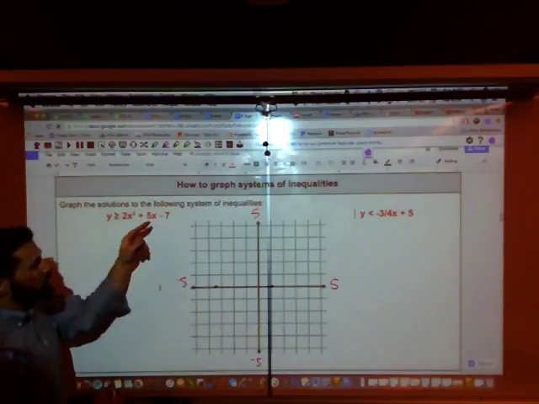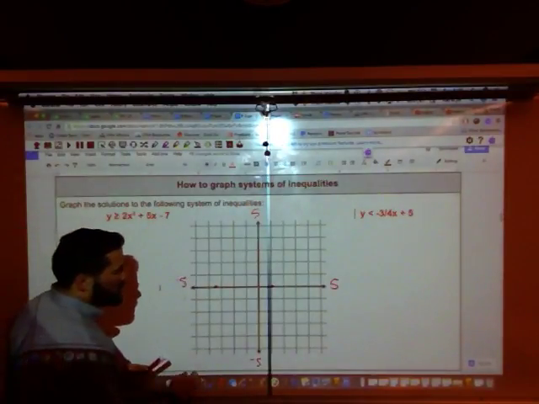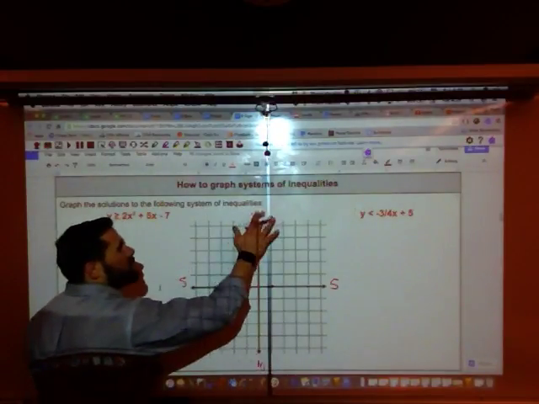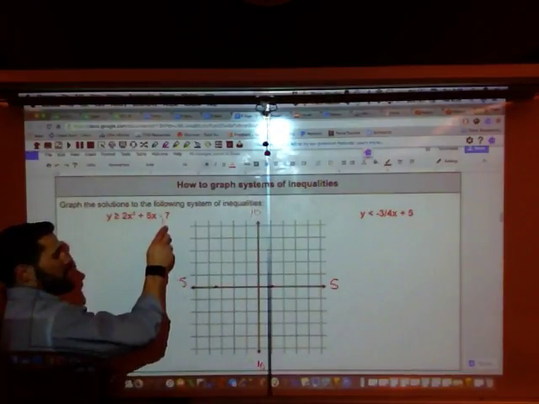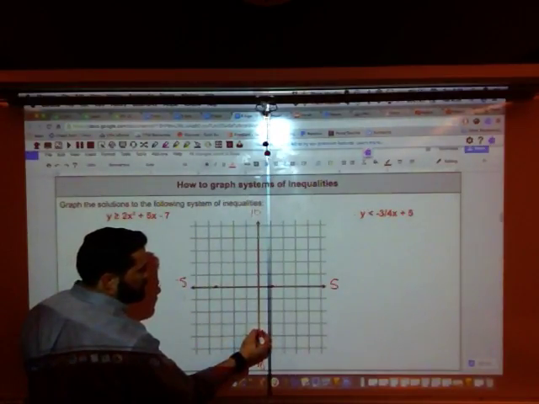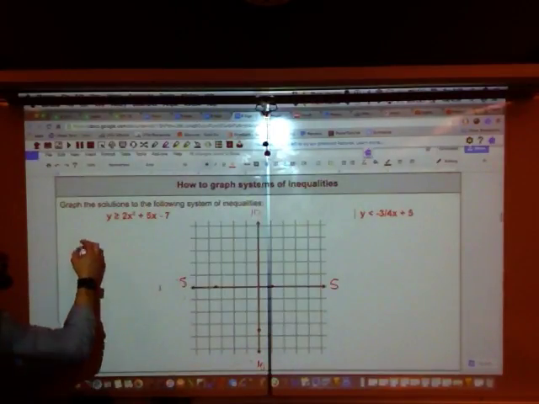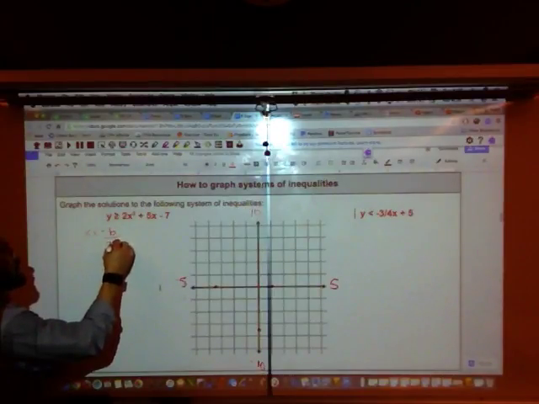I also know it's crossing through the -7. Oh, so I'm actually going to adjust this. I'm going to have the y-axis count by 2s, so I can get to that -7. Okay, now I'm going to just look for that line of symmetry. X equals opposite of b over 2a.